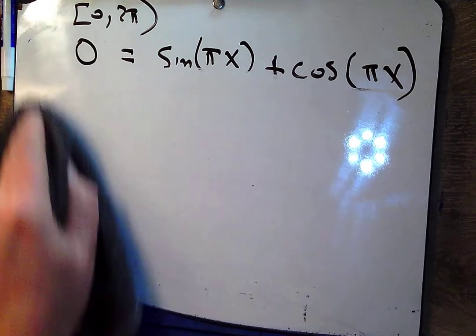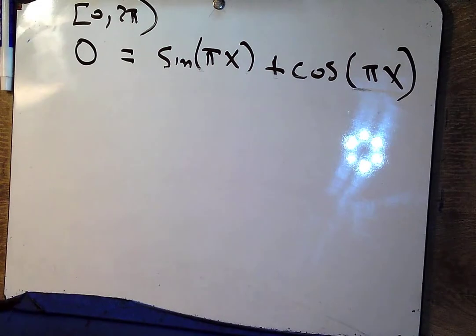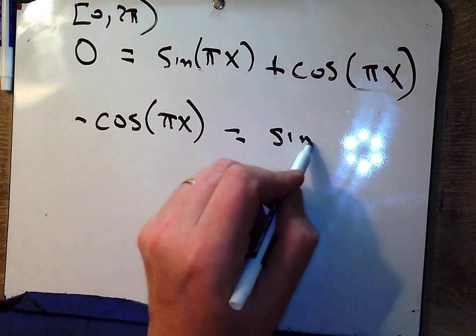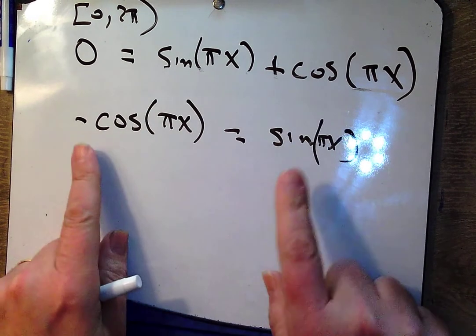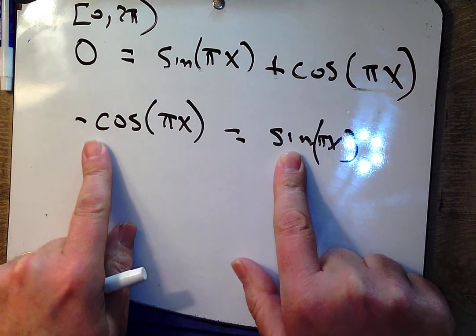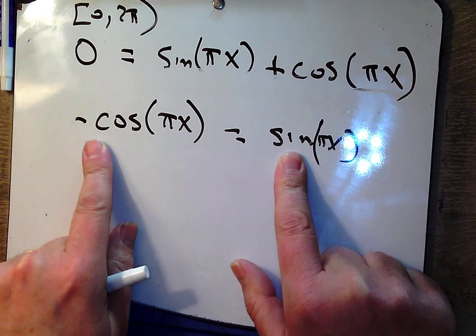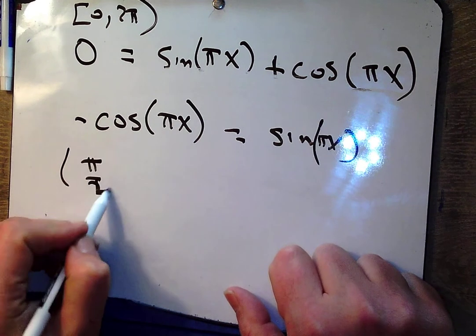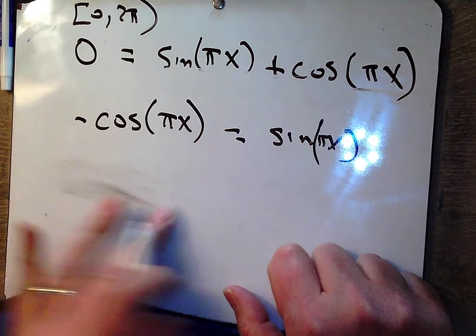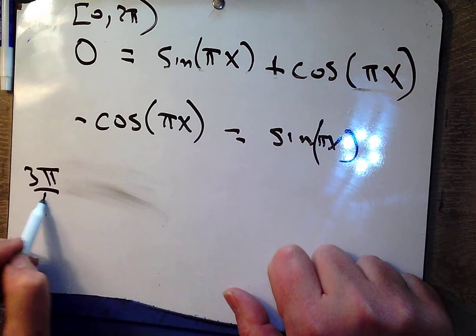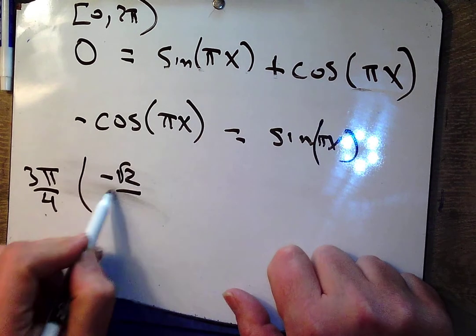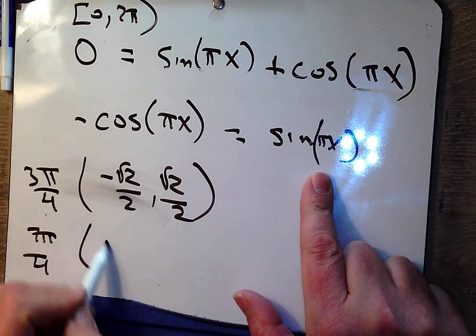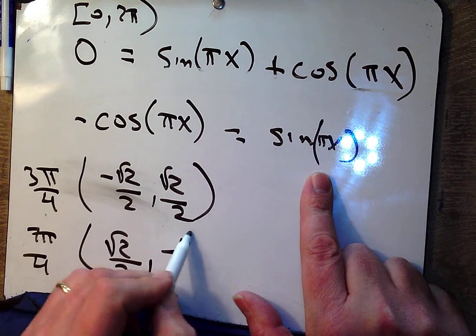Now, what about doing it? Because, look, if you're able to sort of conceptually wrap your head around when the sine and cosine values are opposite, they are opposite at pi over 4, 3 pi over 4, which has negative root 2 over 2, root 2 over 2, and 7 pi over 4, root 2 over 2, negative root 2 over 2.